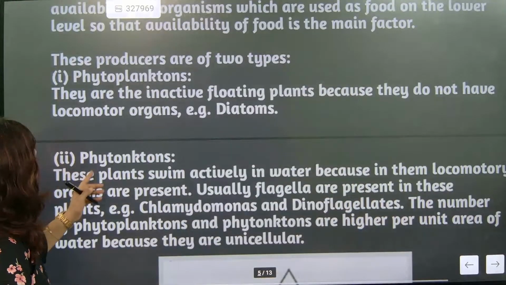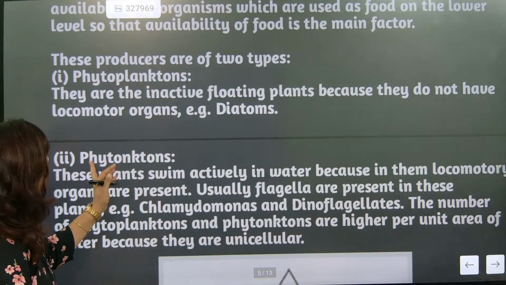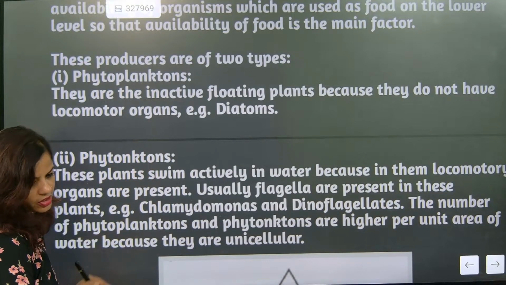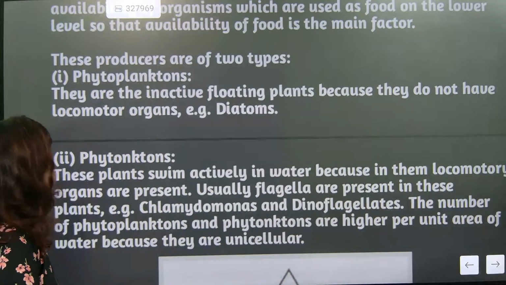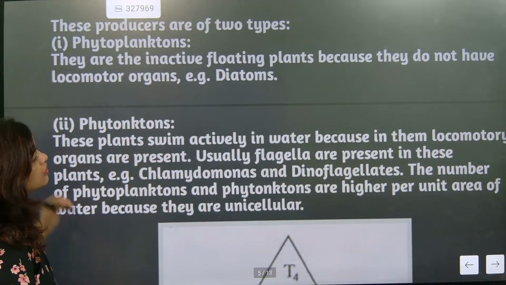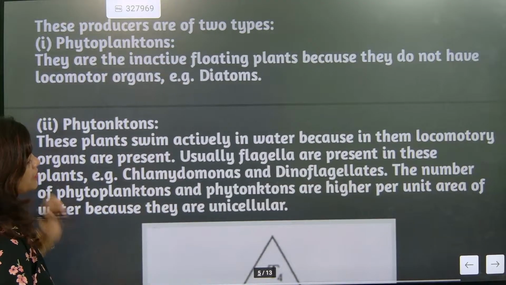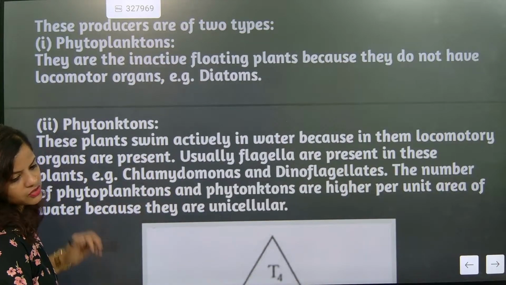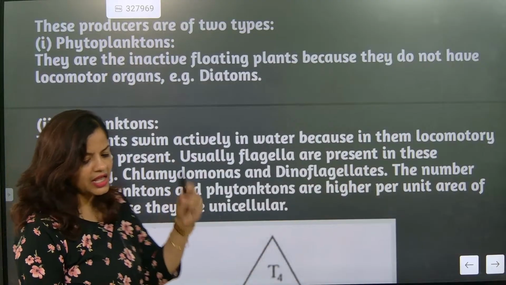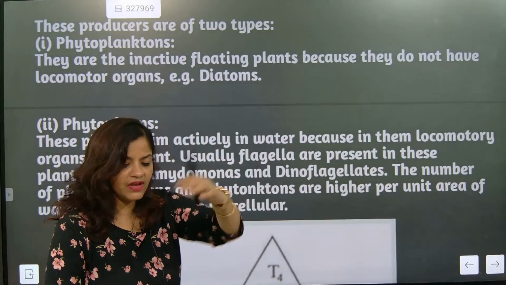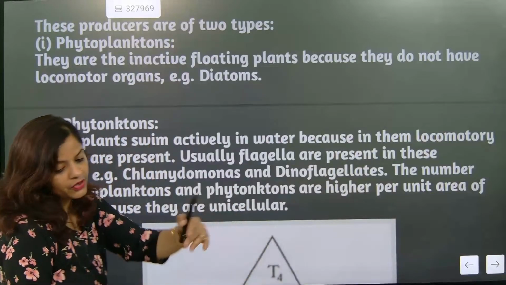Next is phytonektons. These plants swim actively in water because locomotory organs are present in them. Usually flagella are present in these plants. Flagella are like projections, like big wings present in them, so that they help them to float.